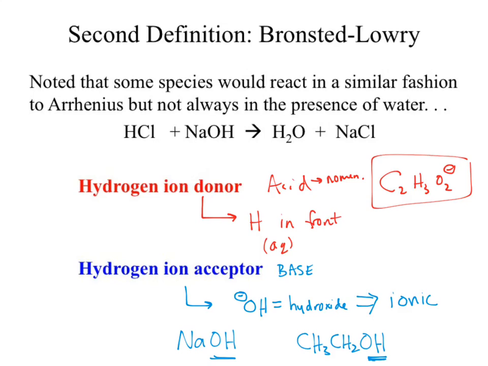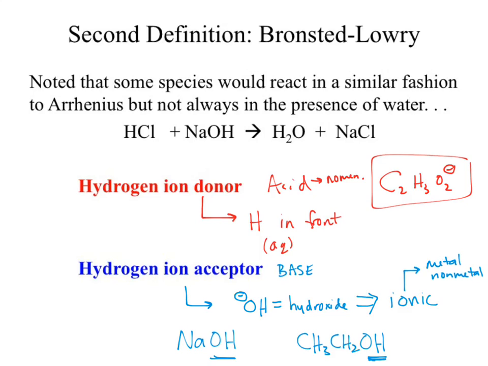Well, how do we know it's an ionic bond? You have to have a metal and a nonmetal. Well, hydroxide is our nonmetal, so we have to have the hydroxide bound to a metal. If it is bound to a metal, then it's an ionic bond. If we have an ionic bond, then we have hydroxide, which then means we have a base.